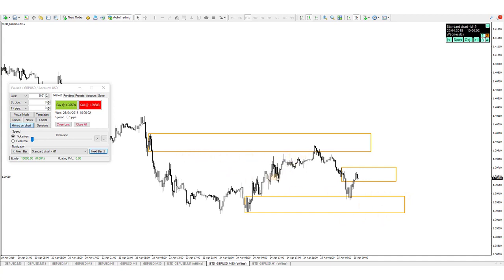So now I can see here really perfect compression, indecision candles with a last strong push to the up, break of structure, pullback to fill the imbalances after the compression, and price was delivered to the demand zone.